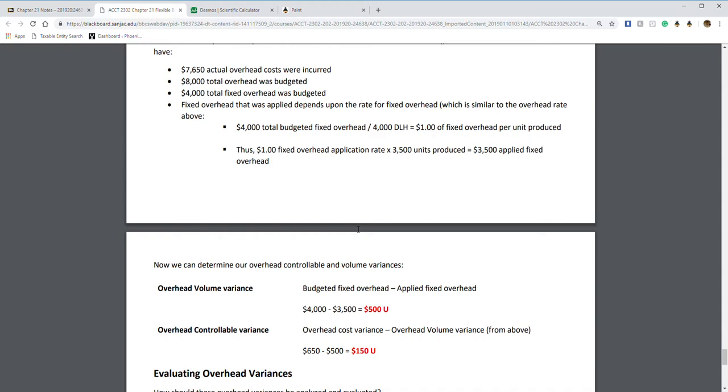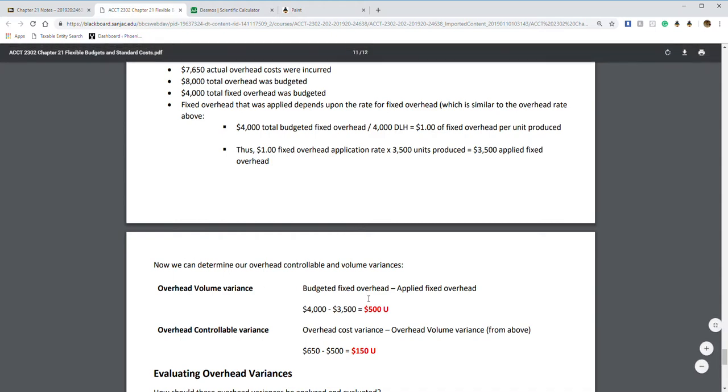Thus, the $1 fixed overhead application rate times our actual units produced gives us 3,500 applied fixed overhead. Most of your homework problems will probably give you this, so you don't have to do this extra step, but if not, it's really not overly hard. It's just finding predetermined overhead.